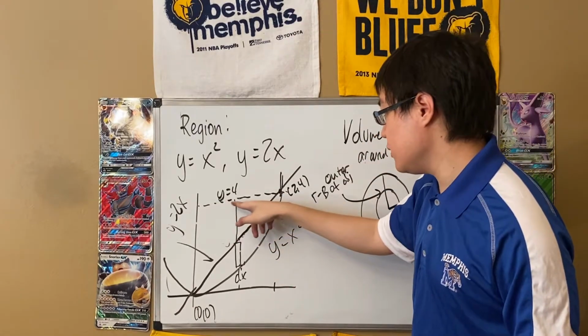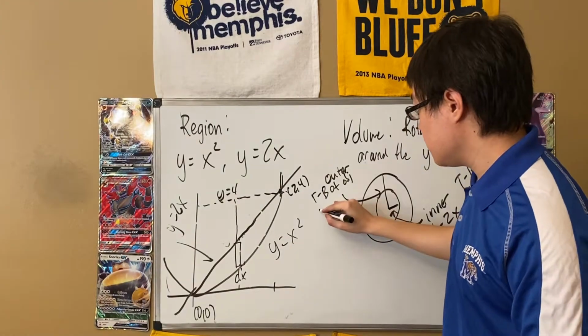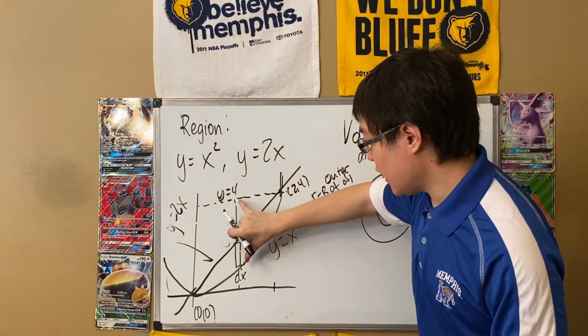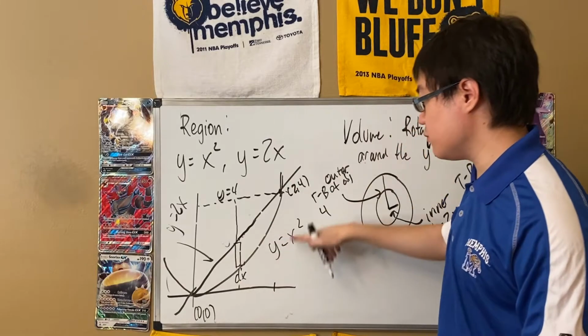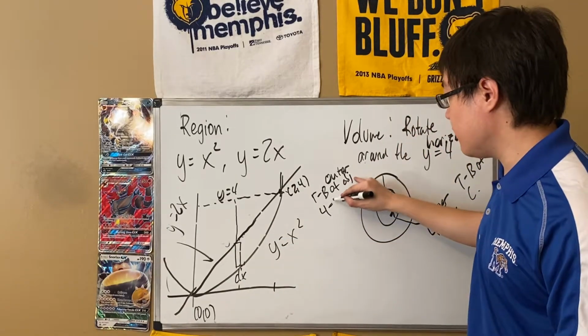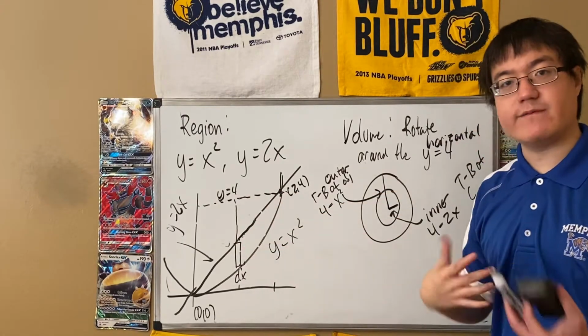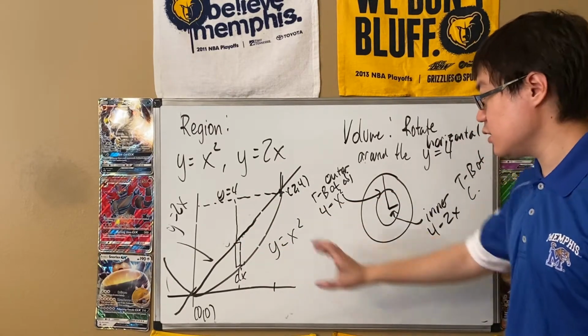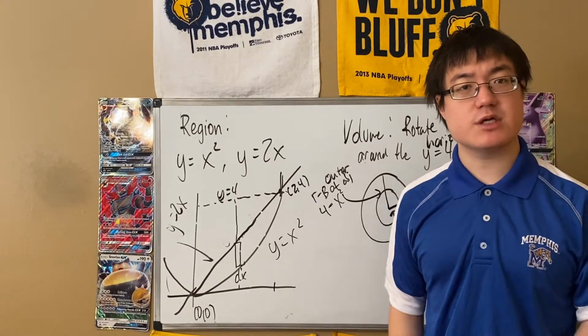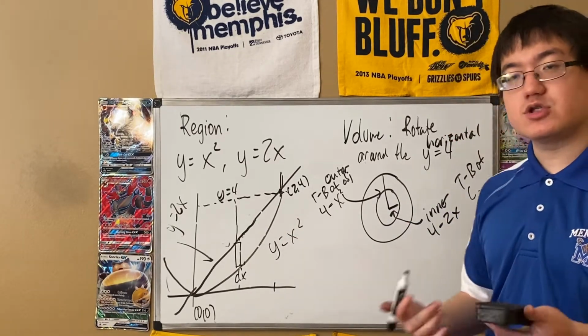So here top is going to be the line y is equal to 4. And then what is the bottom of this entire object touching? Well, it's going to be touching the parabola, which is x squared. So it's going to be 4 minus x squared. Hopefully you got that. Again, inner is top minus bottom of just the connector. Top minus bottom of the entire object is the outer. Once you have that, you should be good to go.